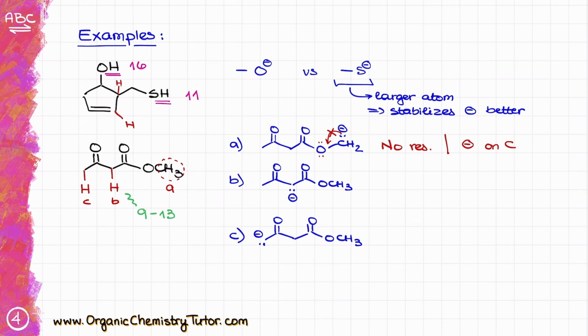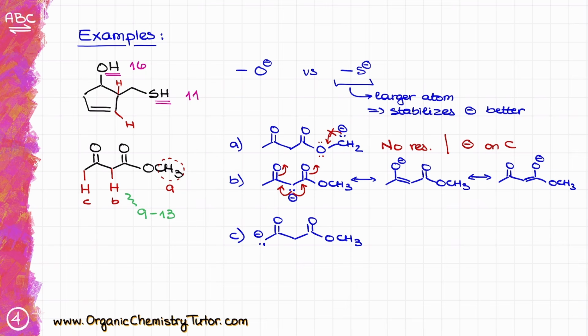In the case of B, I can do resonance either to the right or I can do resonance to the left. In this case, I'm going to end up with two resonance contributors. The first one is going to be with a negative charge on the oxygen, just like that, and I have the rest of my molecule, while in the other case, I'm going to have a negative charge also on the oxygen, but now that oxygen is on the right side, like so.